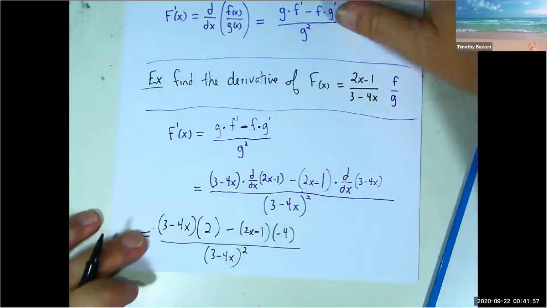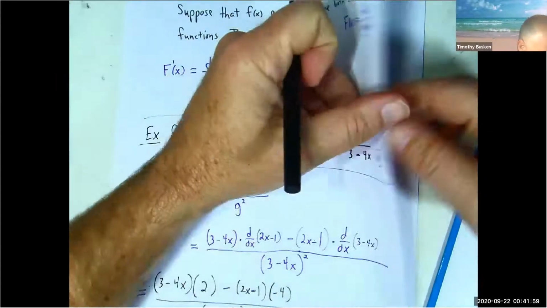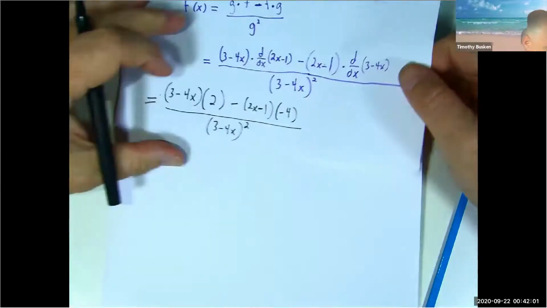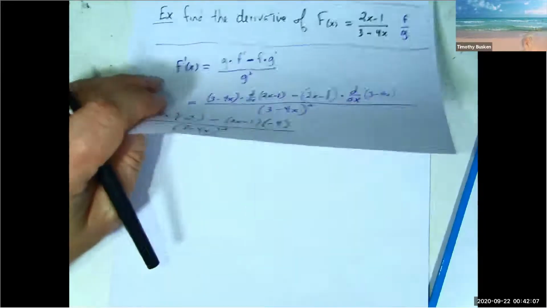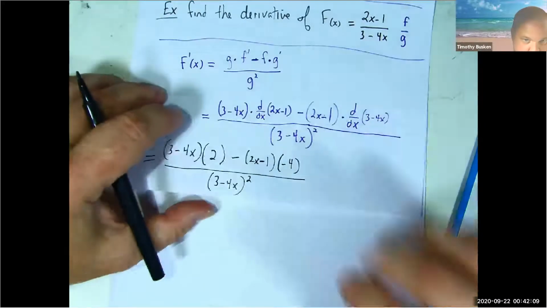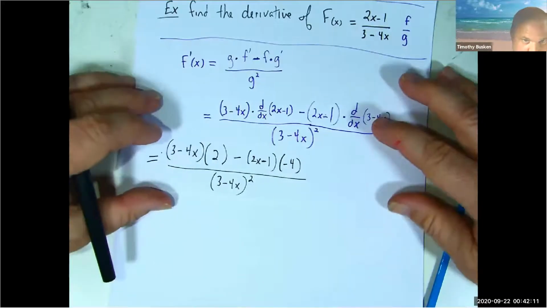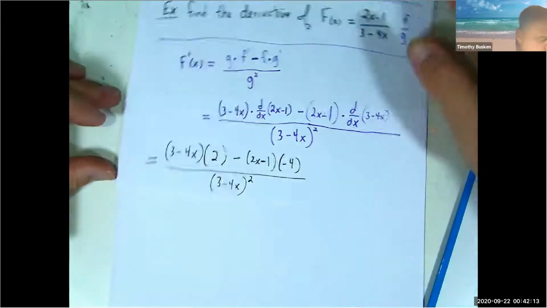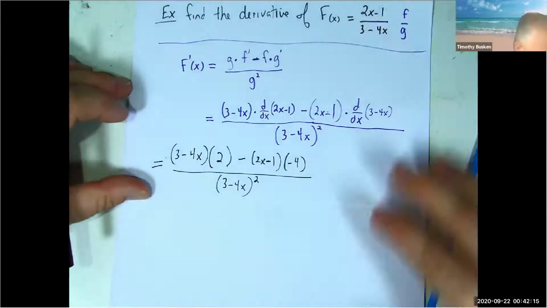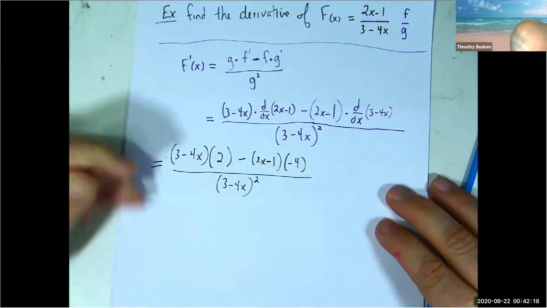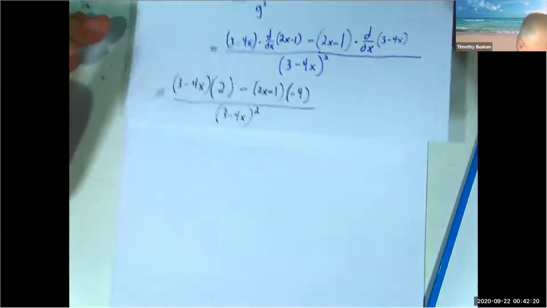So now we want to try to simplify that a little bit more. And one motivation for simplifying this a little more is later in chapter 3, we're going to have a need to have the derivative written in a simplified fashion, because we're going to need to work with it. Okay, so for now, let's just continue to simplify this.